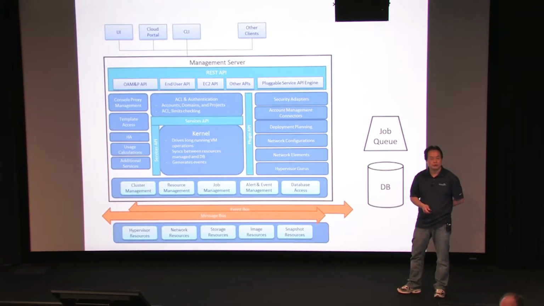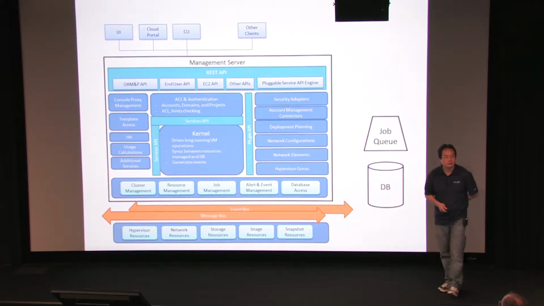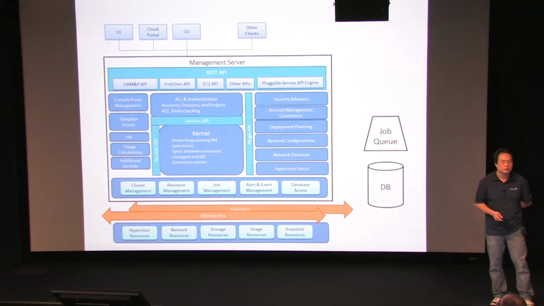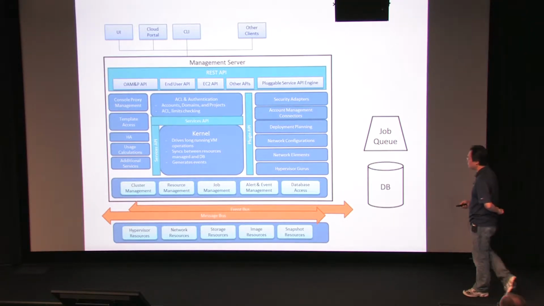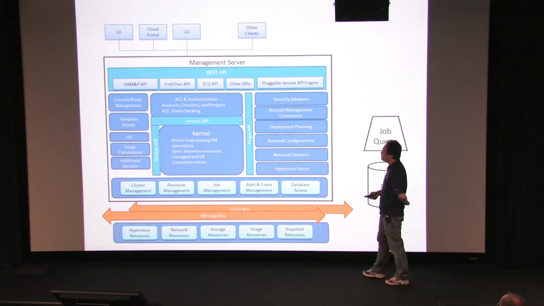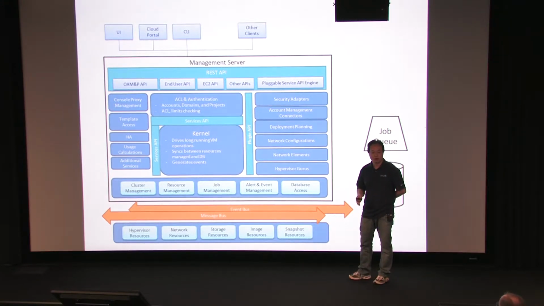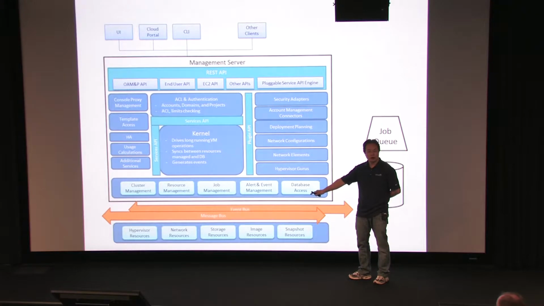Is there transactional semantics around configuring multiple resources in response to a request? Do you have a concept of transactional semantics when you're configuring multiple resources in response to a request? Yeah, so when you're configuring, we actually do not allow transaction semantics across the resources because a lot of the underlying hardware does not have that type of semantics.